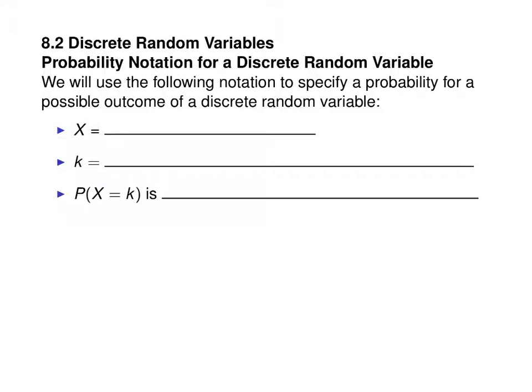Okay, now just some notation. We use the following notation for discrete random variables. Capital X is the random variable itself. Lowercase k is a specific number the random variable takes on.